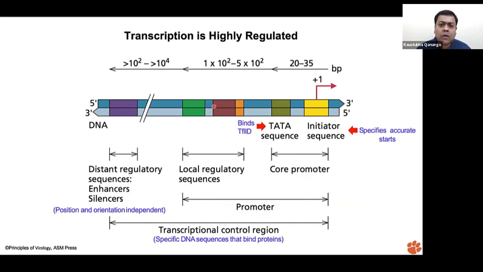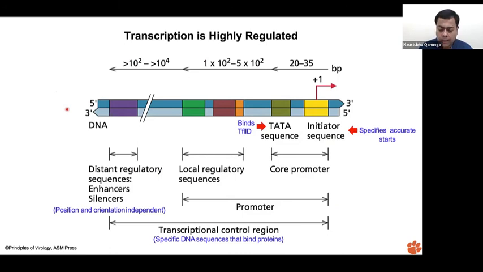Now, you can easily see that if the proteins are binding in these regions, that may have an interaction with this RNA polymerase and the associated subunits. This is easily understandable. They are within a couple of 100 base pairs. If this is 10,000 base pairs away, how are they going to control the transcription from this region? That we are going to see next.